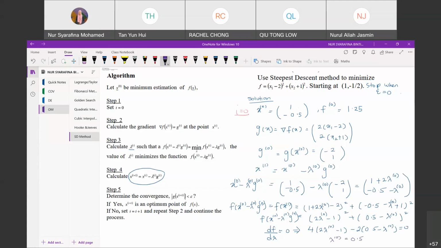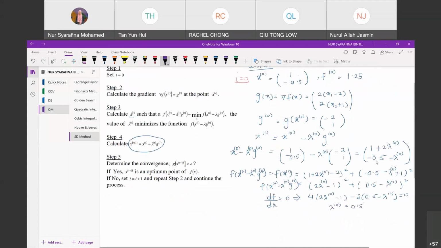Then you have your lambda, and you can find your x1. x1 equals x naught minus lambda naught g naught.